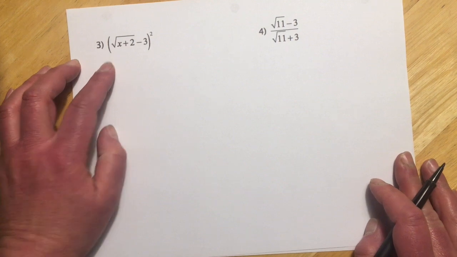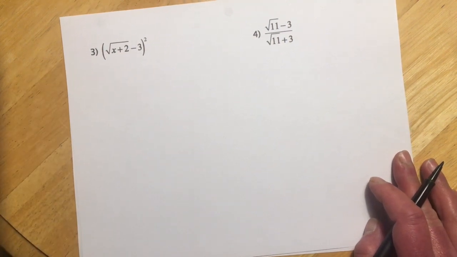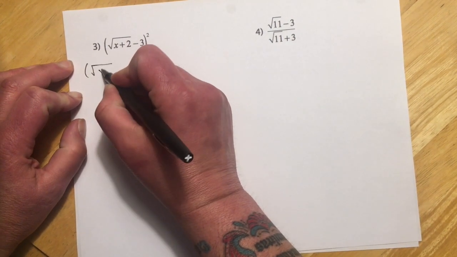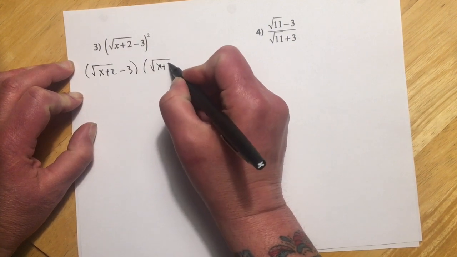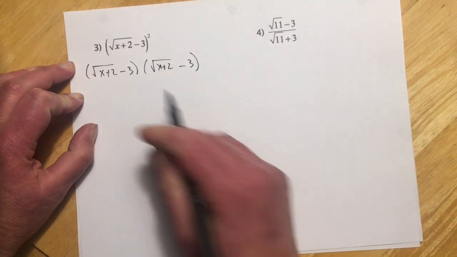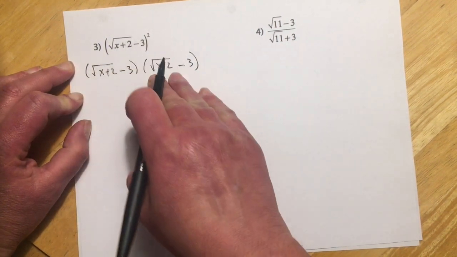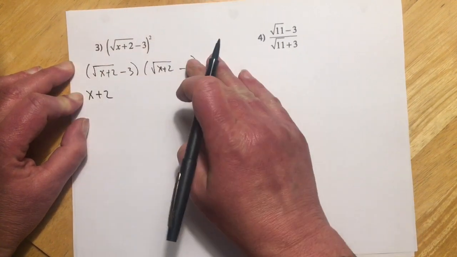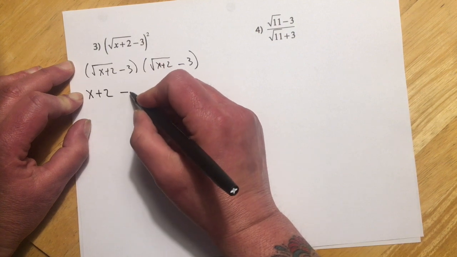This one, you could do it as a special product, but I think almost everyone will FOIL it, so I'm going to show it that way. So let me write this like this. And then I'm going to FOIL everything out. So root x plus 2 times root x plus 2 makes x plus 2. And on the outside, I'm going to get minus 3 times root 2's, or root x plus 2's.